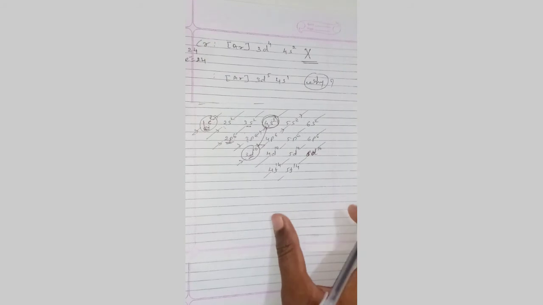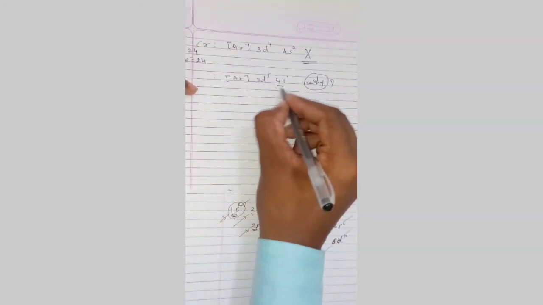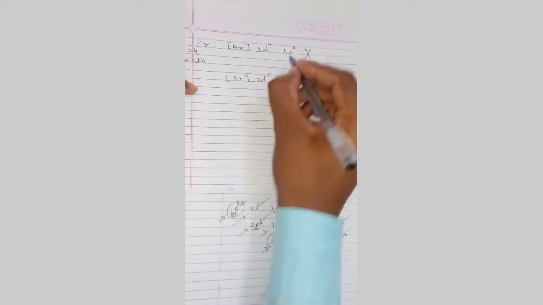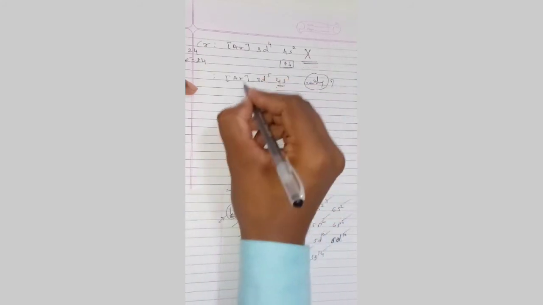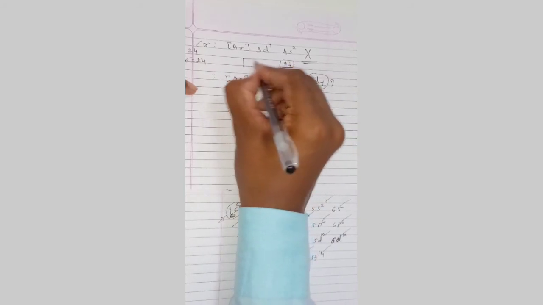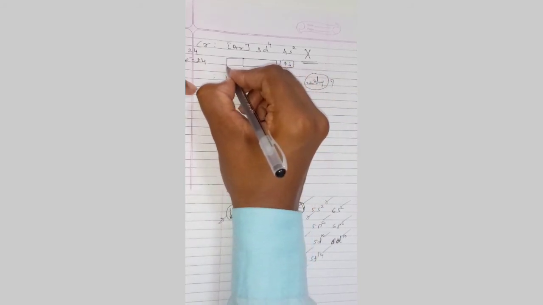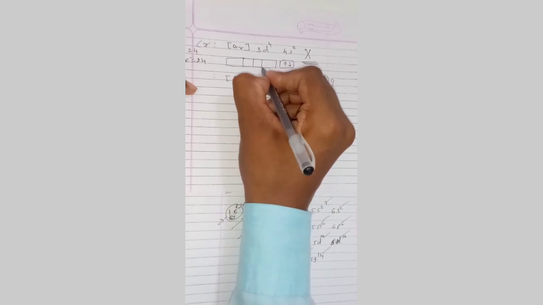Why? Okay, now let's see about this concept. Here the 4s orbital has 2 electrons and 3d has 5 electrons.